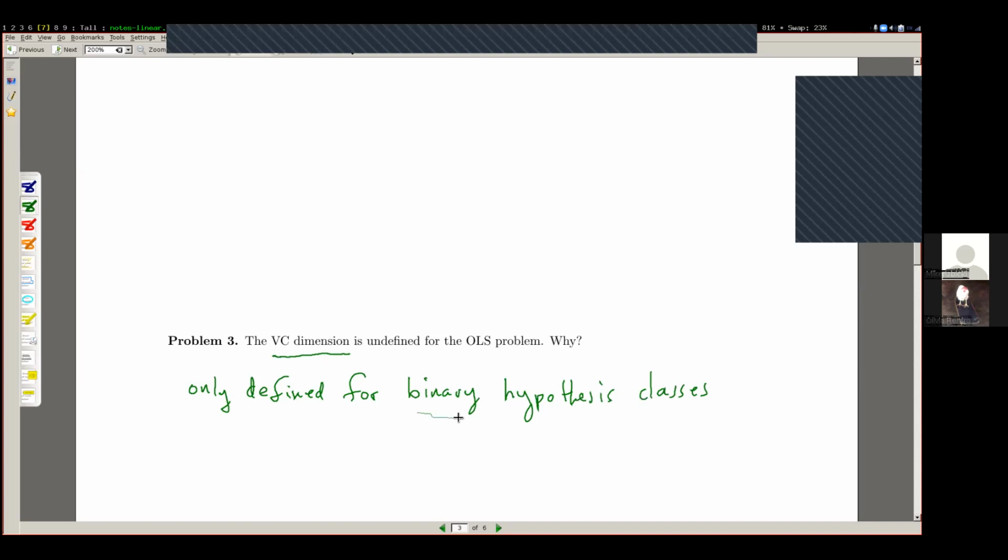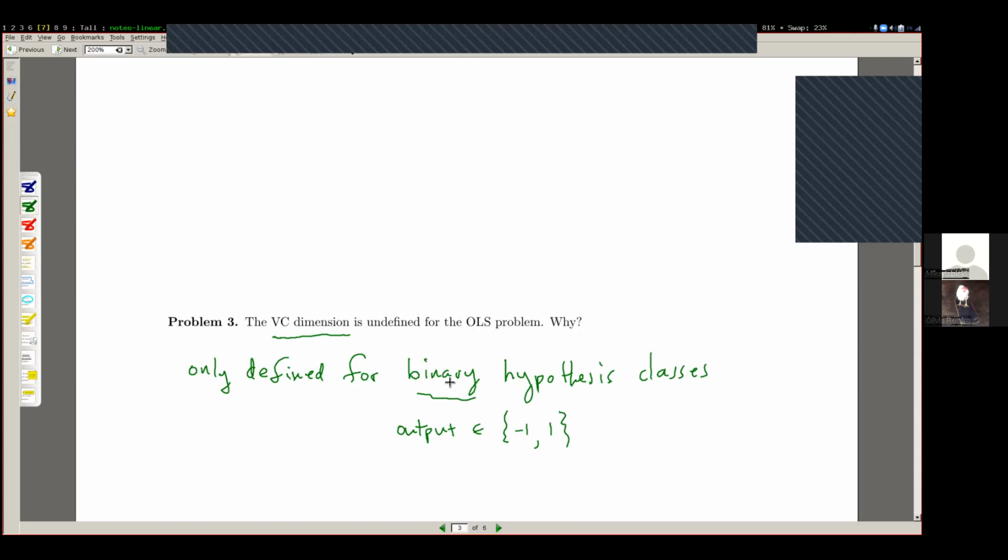So by this, I mean that the output is -1, 1, sort of like the perceptron was. And our hypothesis class here has real numbered output. So the VC dimension is just undefined.